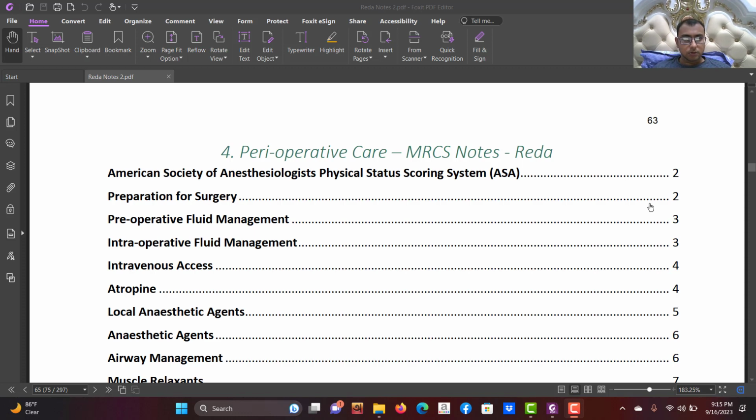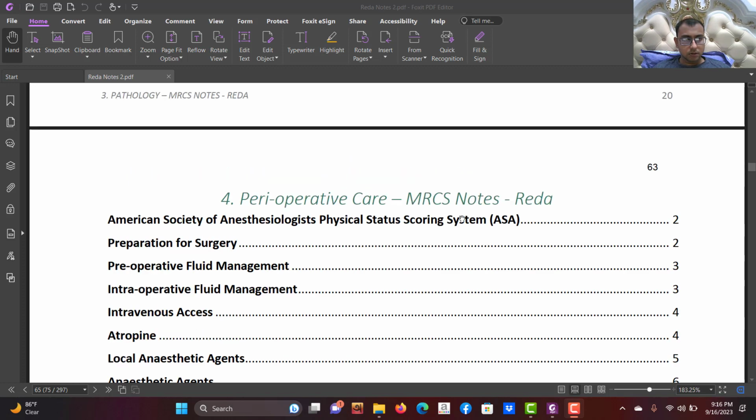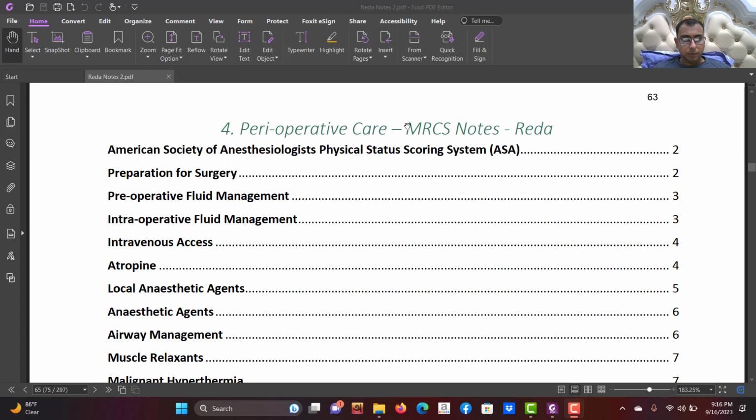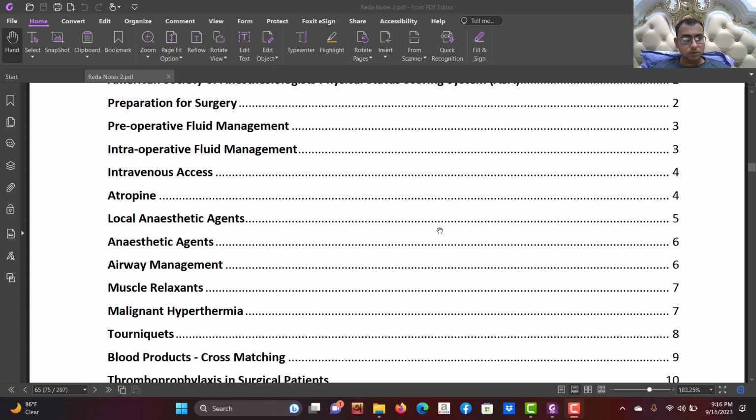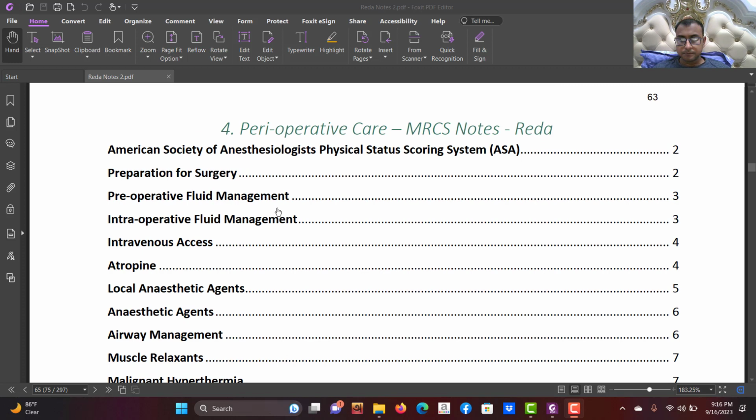So today I'm going to start paper 2, that is POSG, Principles and Practice of Surgery. That is the second part. Here is the pre-operative care from the Reda notes, which is also called the Sala notes, which is a complete lecture of MRCS description.